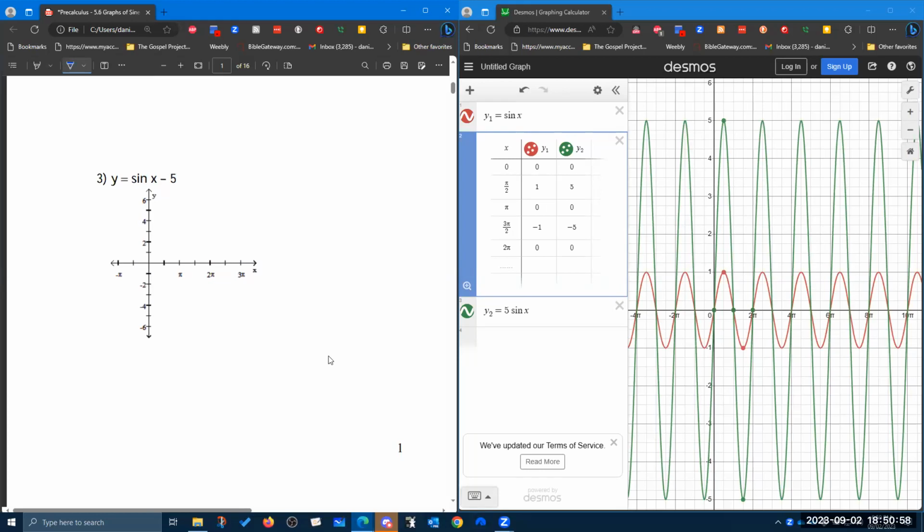Now, if we shift the whole graph down 5, then we start at 0, -5. We go to our maximum, and it's going to be 1 above that at pi over 2, -4. Then we come back to equilibrium at -5 at pi. Then our minimum is going to be at 3 pi over 2, -6. And we repeat that cycle over and over again.